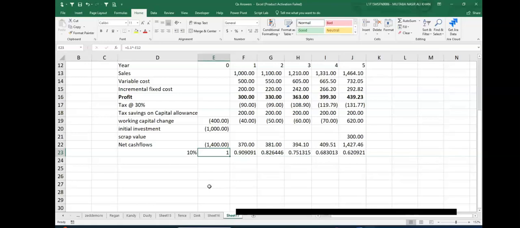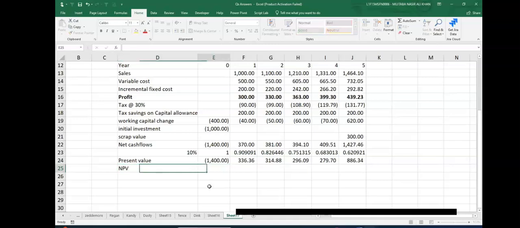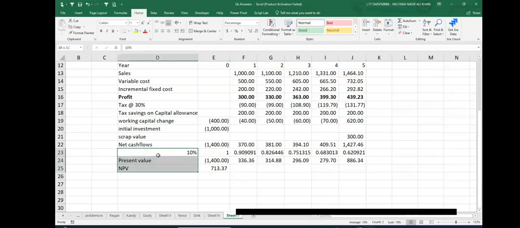Then calculate the present value. And then you will calculate the sum of all. This is NPV. That's how you will calculate the NPV. This is one way of doing it.